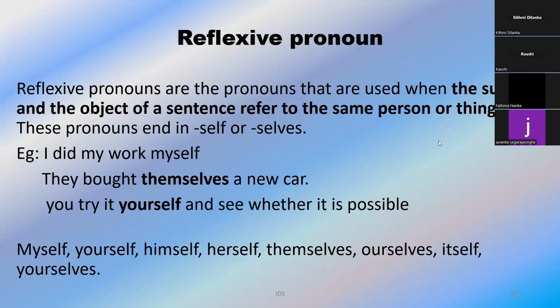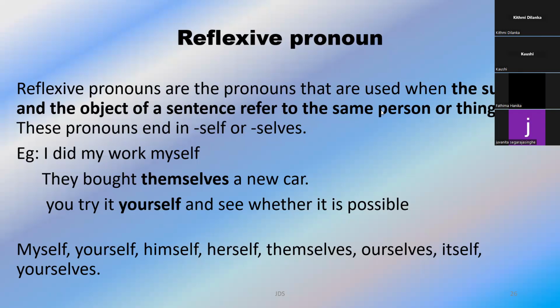Reflexive, quickly read. Pronouns that are used when the subject and the object of a sentence refer to the same person. I myself did it, right? So the subject is I, then it's emphasized, I myself.